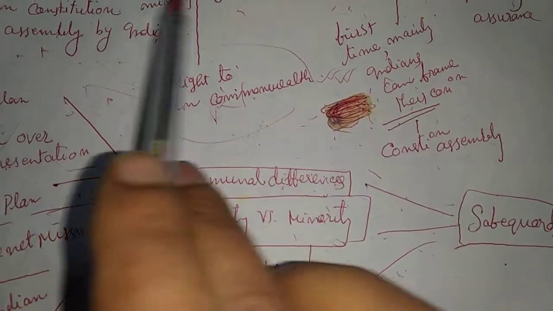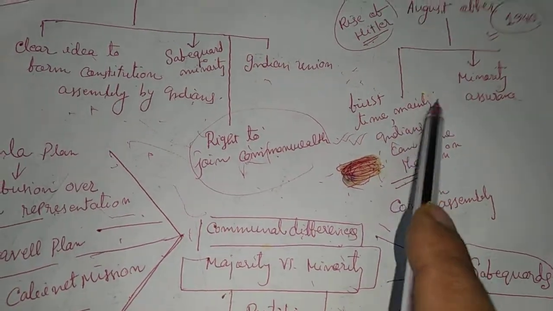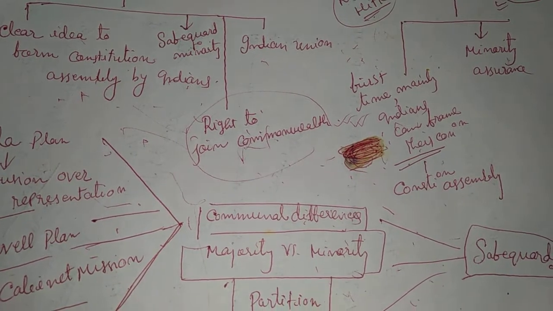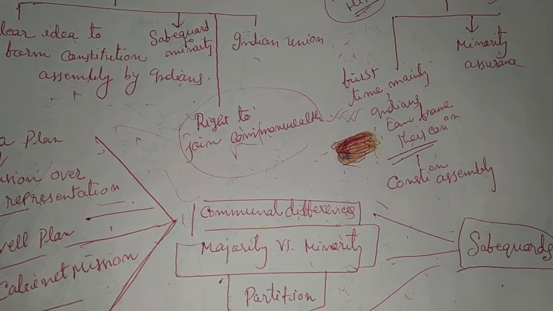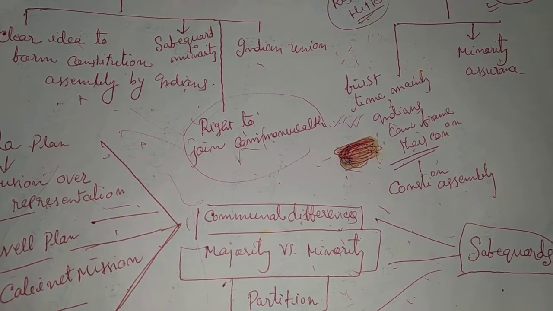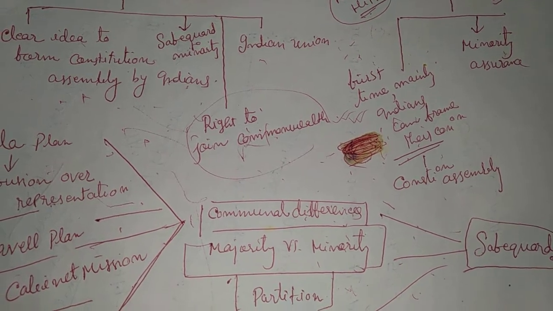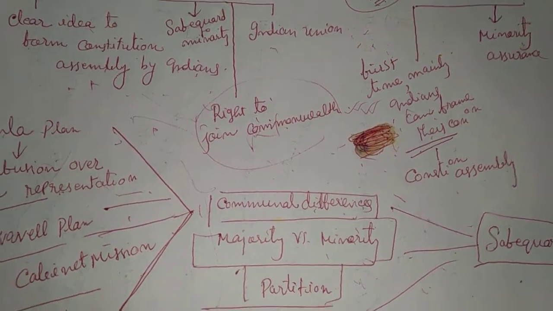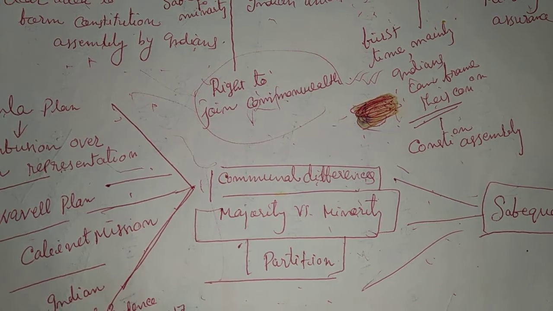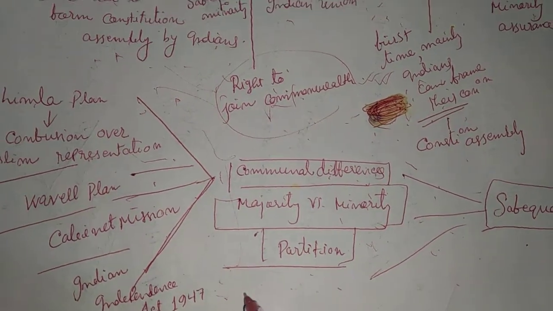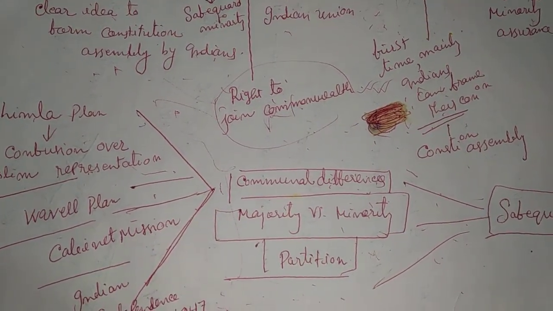So the Cripps Mission and the August Offer are especially important because for the first time, India got the inherent right to decide their own fate, their own condition, and to form their own constitution. And finally, it was handed over by the Indian Independence Act 1947.